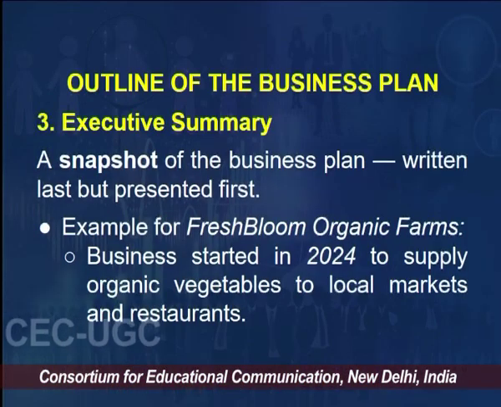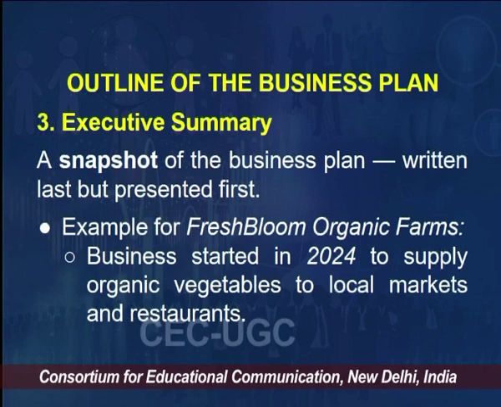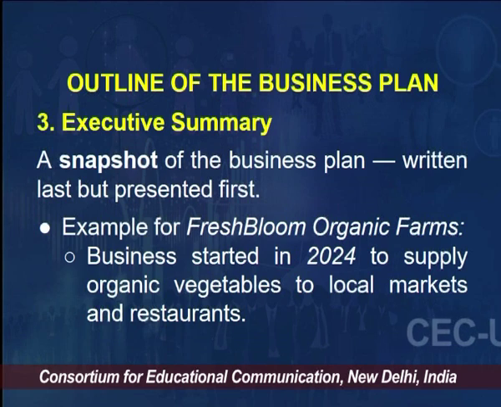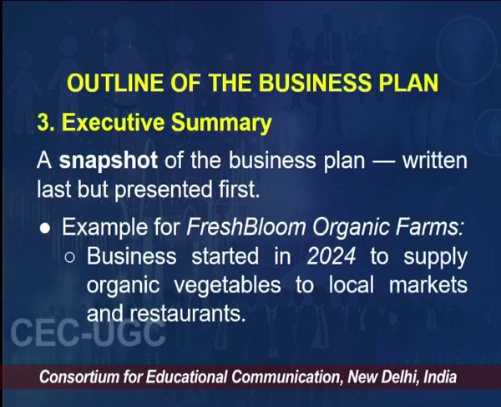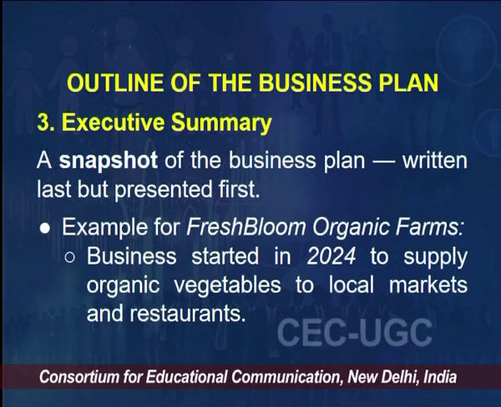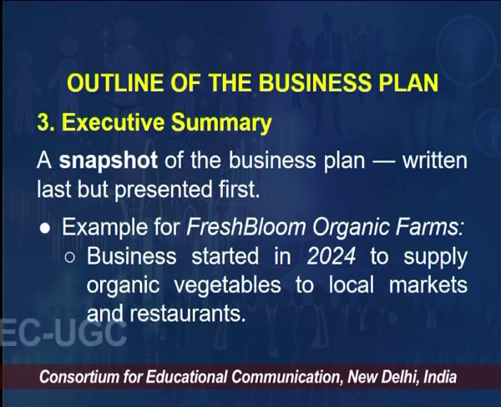Now coming on to the executive summary of the business plan. It is a snapshot of a business plan, written last but presented first. The example is Fresh Bloom Organic Farms. The business started in 2024 to supply organic vegetables to the local market and also the restaurants.